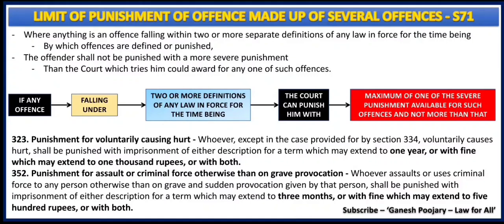Here what happens, the offense is only one, but it is covered in a particular law in two different places, and you can read that particular offense with the previous section as well as in one other section or maybe two or more sections. Now for such one offense he will not be punished more than once. He will be punished with only one punishment, which may be the maximum punishment available in any of those sections. That is what we need to understand from section 71.